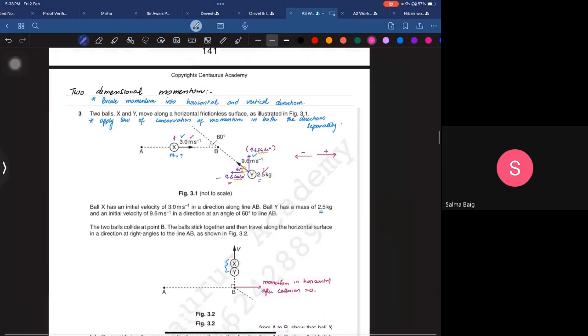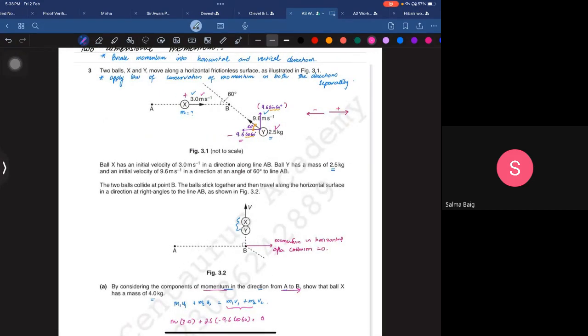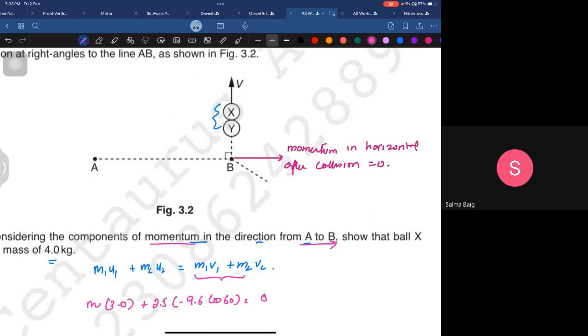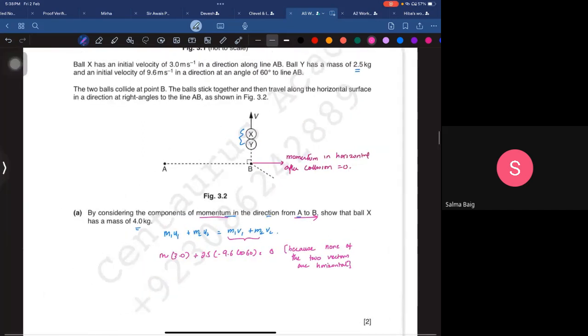Okay, got it. Do you understand? And why have I taken after collision completely 0? Because none of the two vectors are horizontal. They're going vertically. Do you understand? That's why I'm taking it like that.